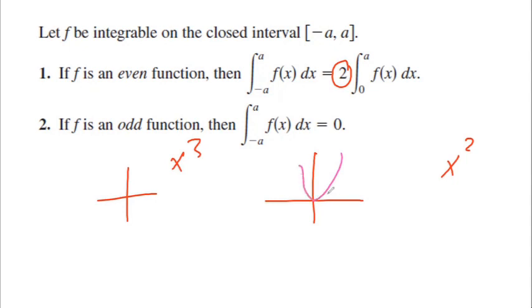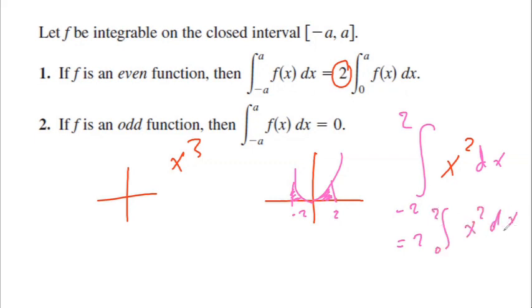If I choose, say, -2 as the start of the interval and 2 at the end of the interval, you will know that the two areas will be the exact same. So the integral from -2 to 2 will be double the integral from 0 to 2 of the same function.